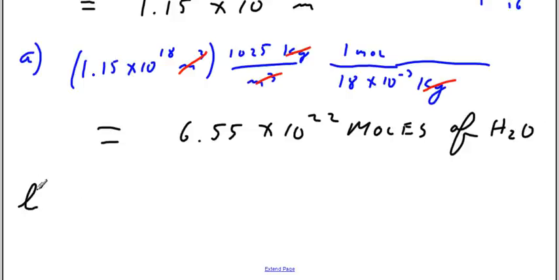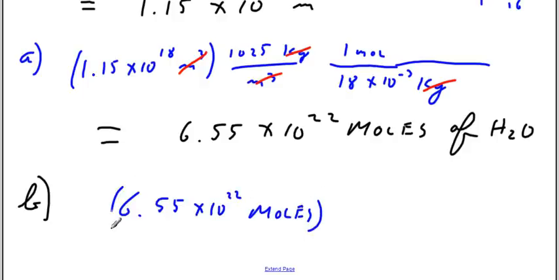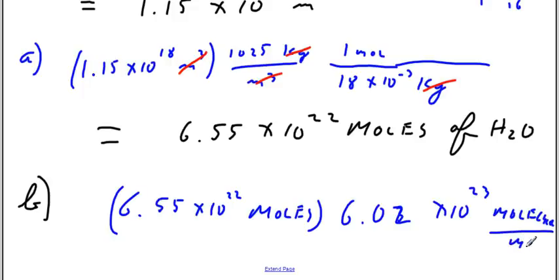And then we ask ourselves the B question, which is how many molecules do I have? Well, if I have 6.55 times 10 to the 22 moles, how many molecules, not atoms, times Avogadro's number, 6.02 times 10 to the 23rd molecules per mole.